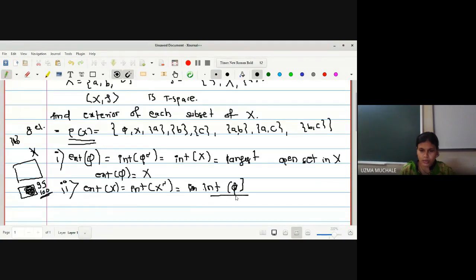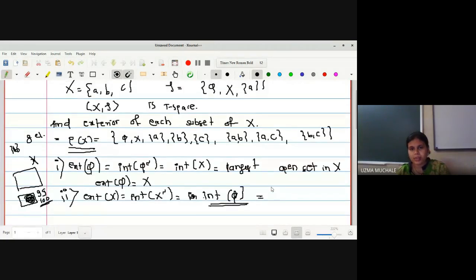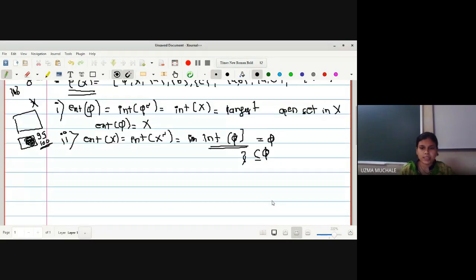What is the largest open set contained in φ? How many open sets do we have? φ, X and {a}. We have to find one set which is contained in φ and is an open set. The only possibility is φ. So the exterior of X is the empty set.